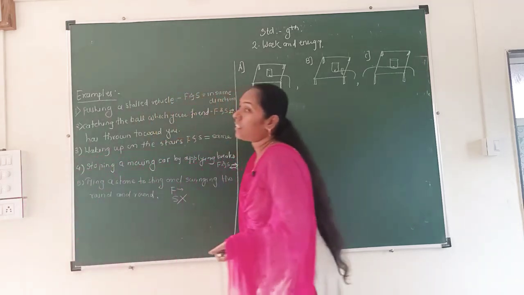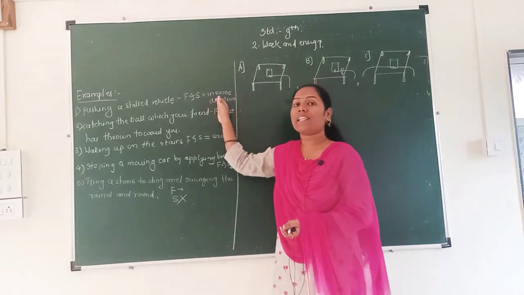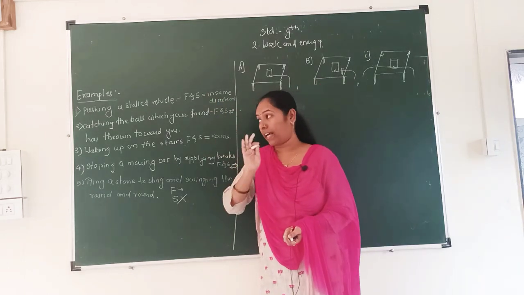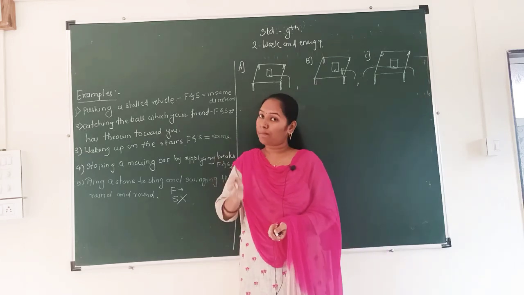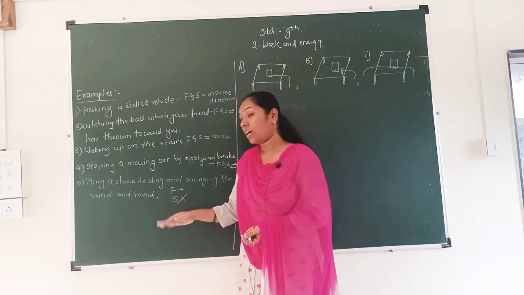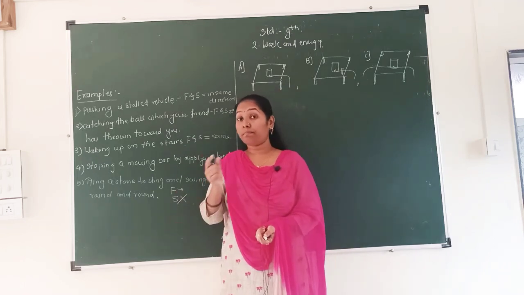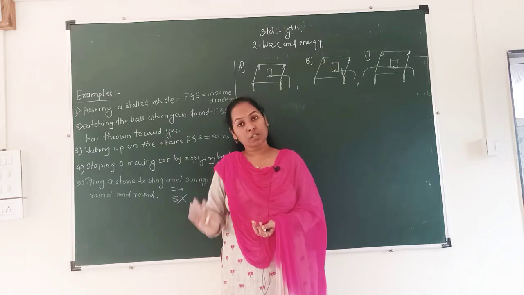Here are the 3 possible cases. First, when the force and displacement are in the same direction. Second, when the force and displacement are in the opposite direction. Third, when force is applied but due to that applied force displacement does not occur.